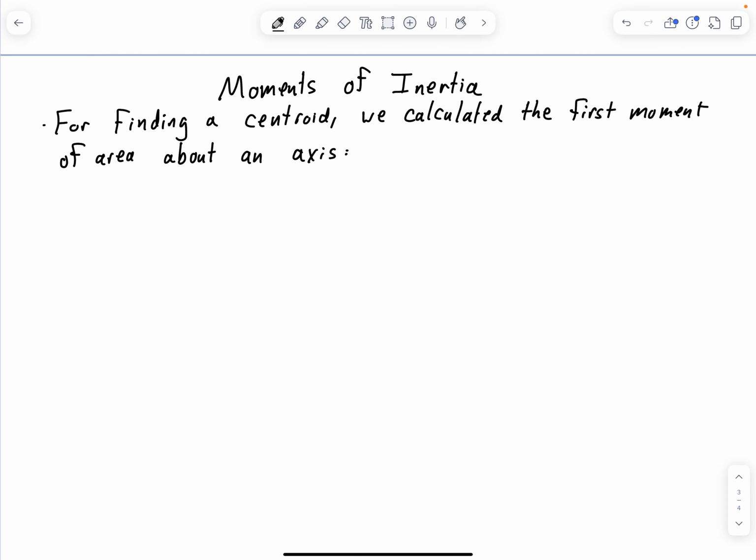And that has the form of an integral of x dA, where x is the distance to some small differential area dA, and you're summing over the entire area.